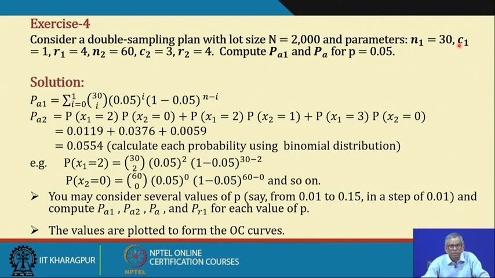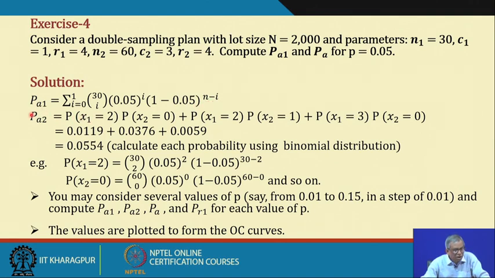That means there could be either 0 non-conforming units or 1 non-conforming unit in the sample of size 30. Only then are you going to accept it based on the first sample. So it is 30Ci, 0.05, that is p, to the power i, times 1 minus 0.05 to the power n minus i.